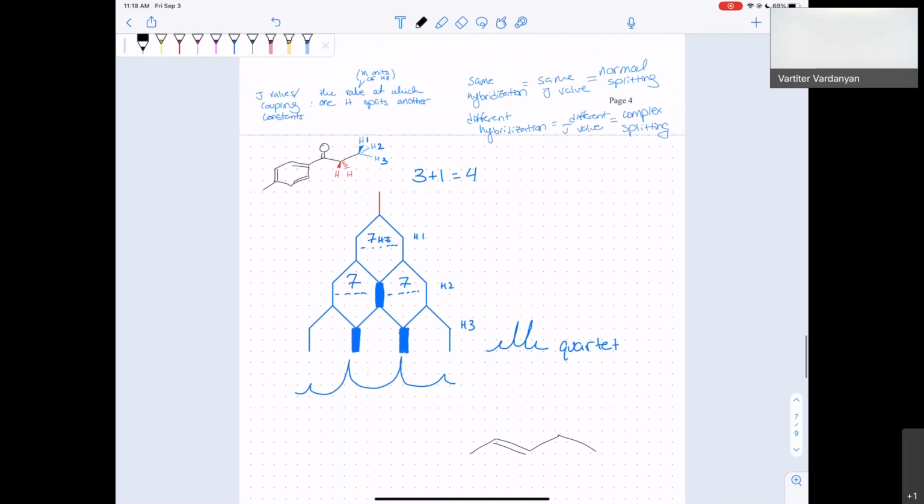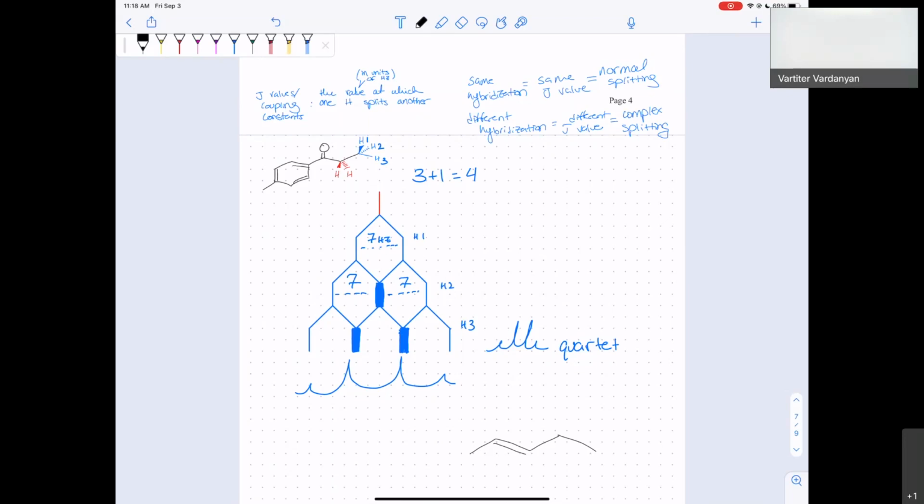So I'll move it up in case you didn't have that. So J value is essentially the value by which two neighbors are going to split one another. And like we talked about before, the value it's splitting by is just the distance between, right? J value, right?